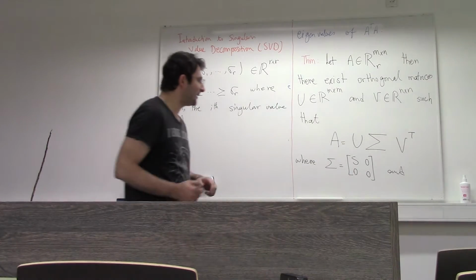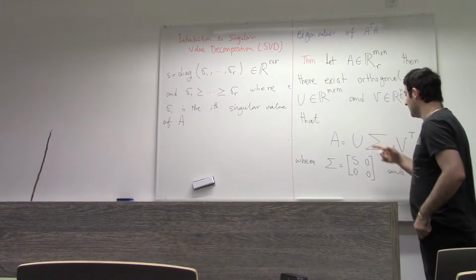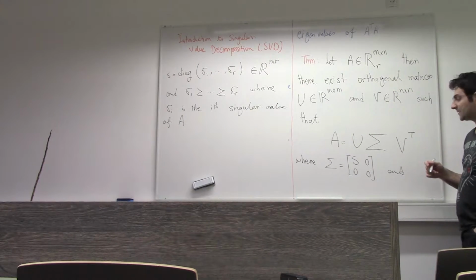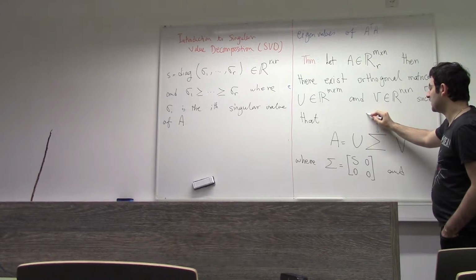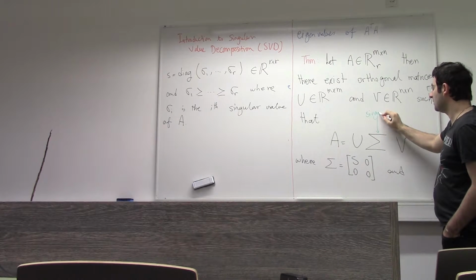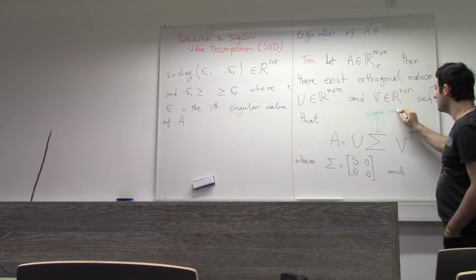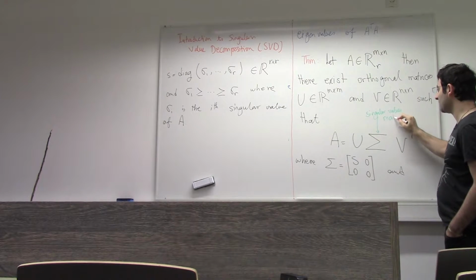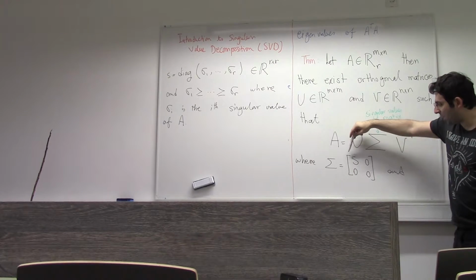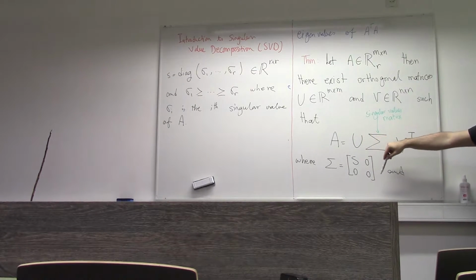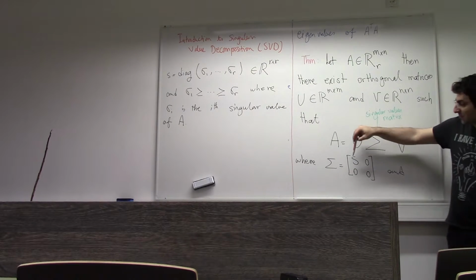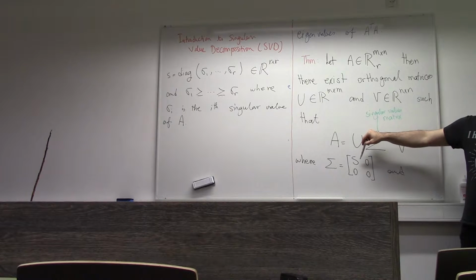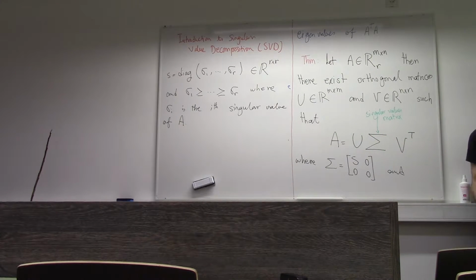In other words, we can decompose A into two orthogonal matrices, U and V, and a matrix which is called the singular values matrix. It's a matrix that on its main diagonal has the singular values, which are sorted. In other words, the first one is the biggest one, the second one is the second biggest one, and the last one is the smallest one.